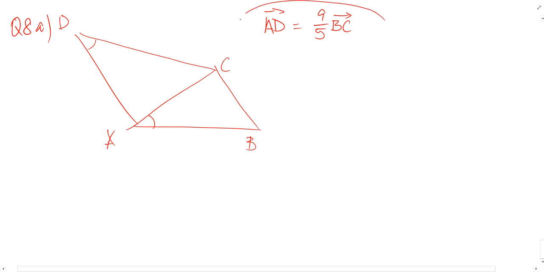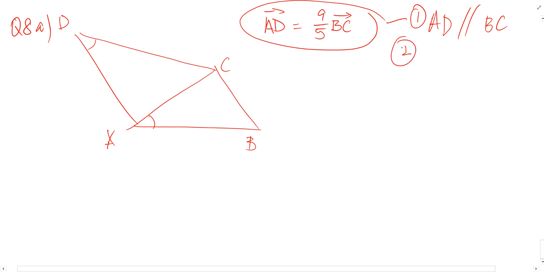What else can you tell from this statement? The first thing that we can tell is that they are parallel. Okay, what are parallel? Xin Hui, what are parallel? AD parallel to BC. Notice that I did not write the vectors. I'm just talking about lines. These two lines are parallel.